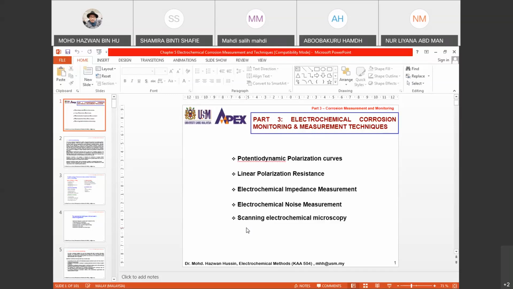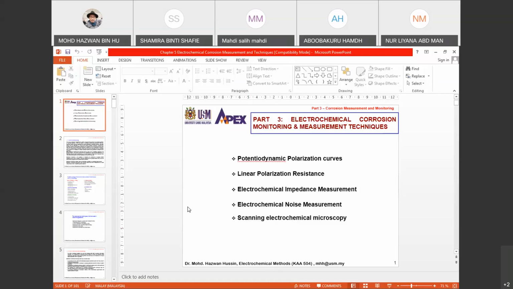So for corrosion, we have a few electrochemical techniques ranging from potentiodynamic polarization, linear polarization, electrochemical impedance, electrochemical noise, and also scanning electrochemical microscopy techniques.